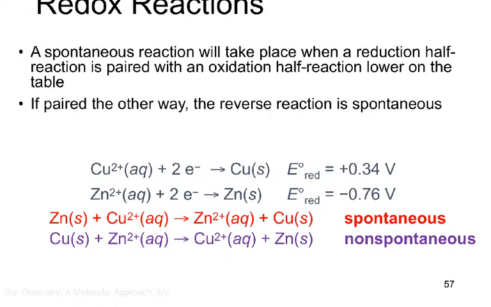So predicting the spontaneity, if we get a positive cell potential, the reaction is spontaneous. If it's negative, it's non-spontaneous.